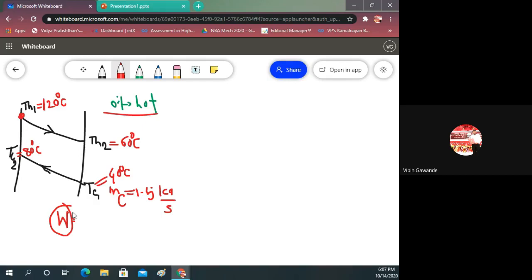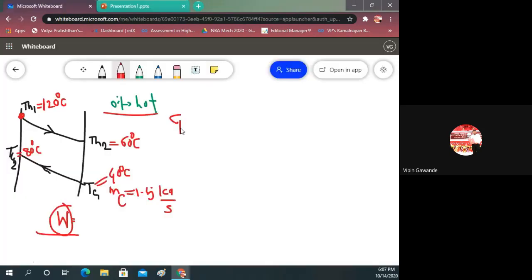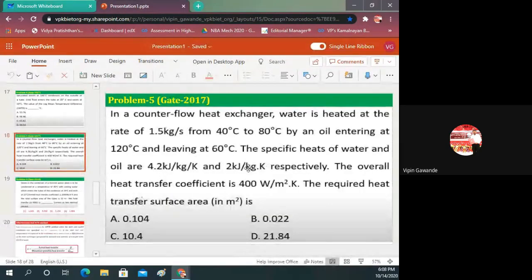Now we have come up to here. The specific heat of water and the specific heat of oil are given in the problem. What are they? 4.2 and 2. The first is for water, 4.2.